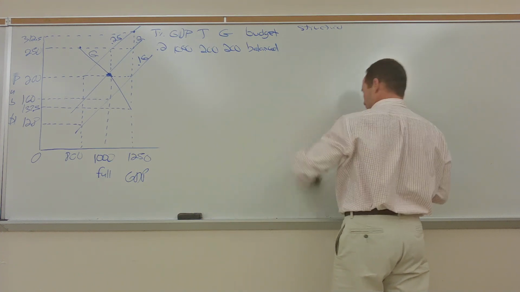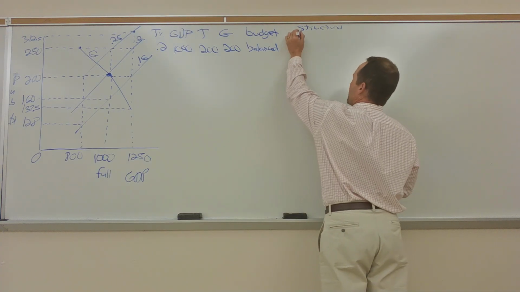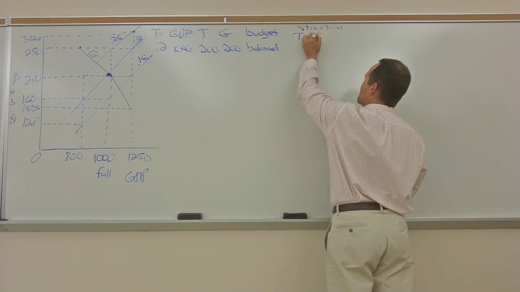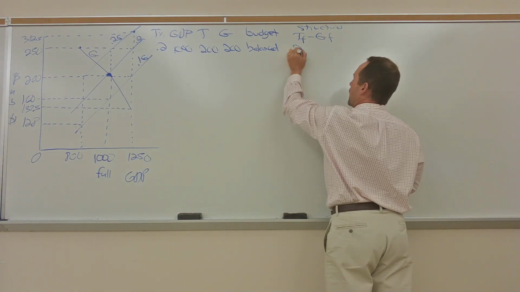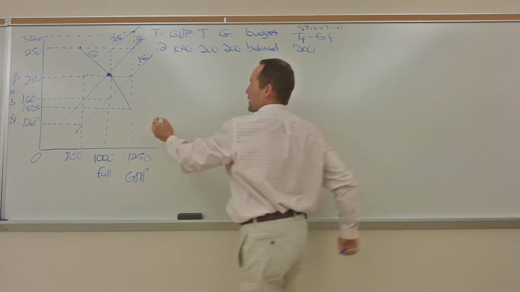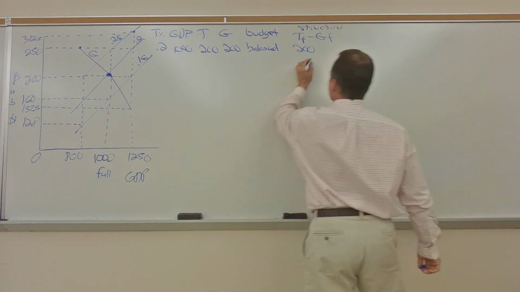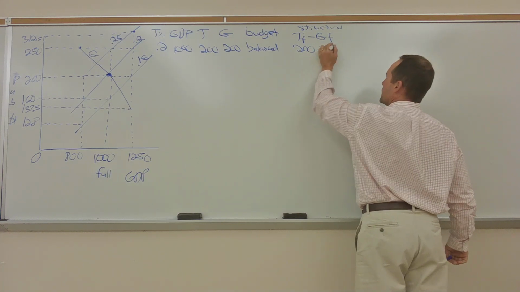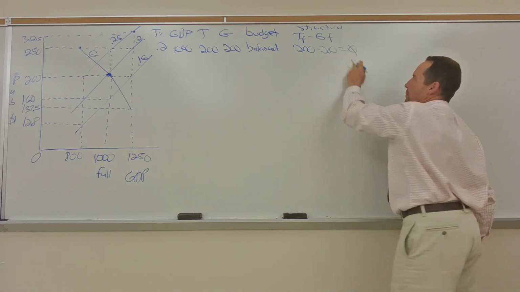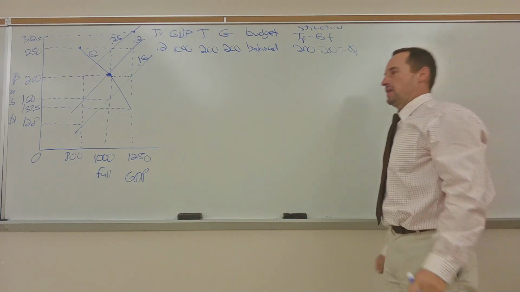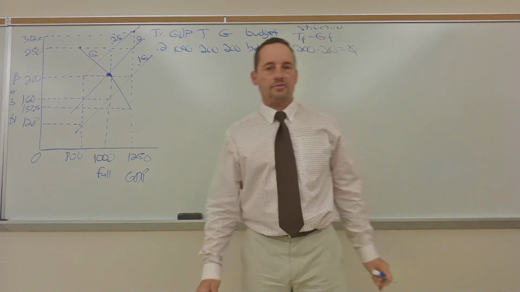I'll just rewrite this again. Better budgeting in my space. T full minus G full. 200. G is many things, but above full, G is also 200. So structurally, we are balanced. Nothing positive, nothing negative, no surplus, no deficit.